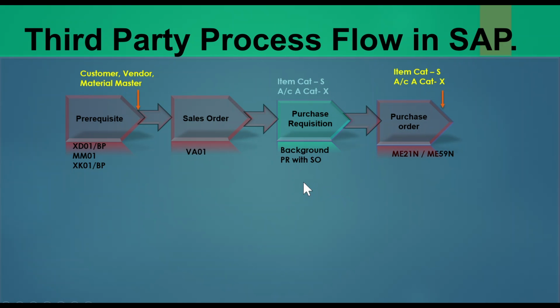So let's check in the system. One more thing, when we maintain TAS as an item category, we have an option through which we can create an automatic PO as well, in case the data is maintained in the vendor master and material master as auto PO. But in my case I haven't maintained that, so let's create it manually with ME21N.